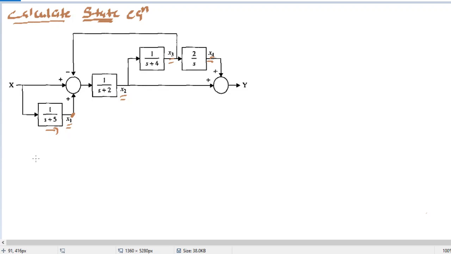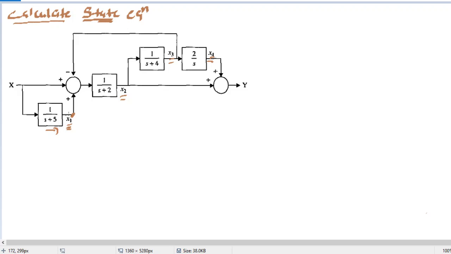So first we have to study each and every node so that we can calculate the right equation for this particular block. We shall proceed with observing the first node, x1.